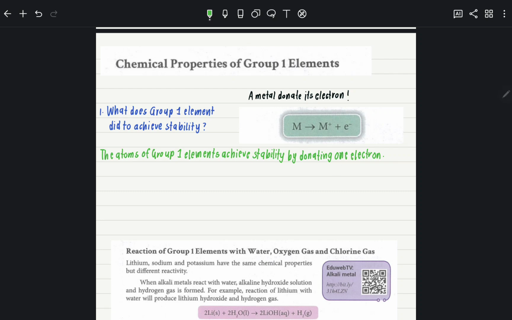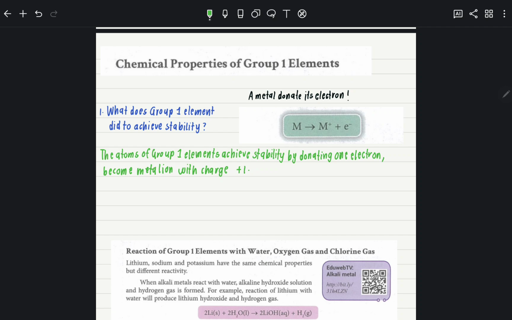Now this element donates one electron. So what happens? It becomes a metal ion with charge +1. That's it.